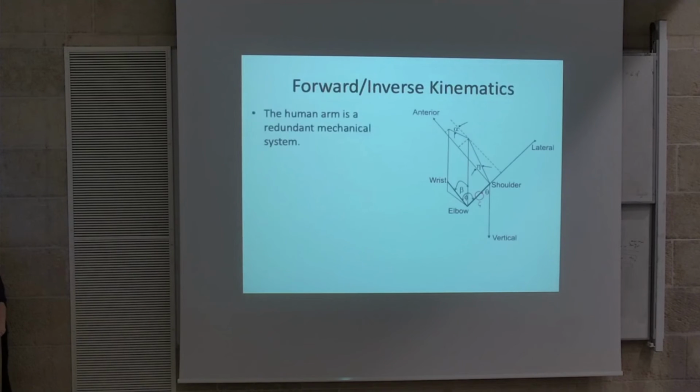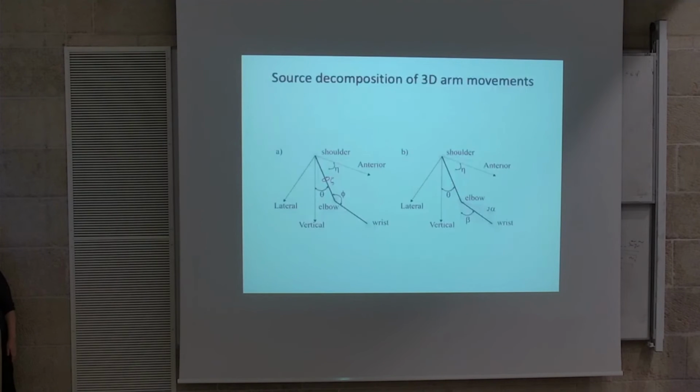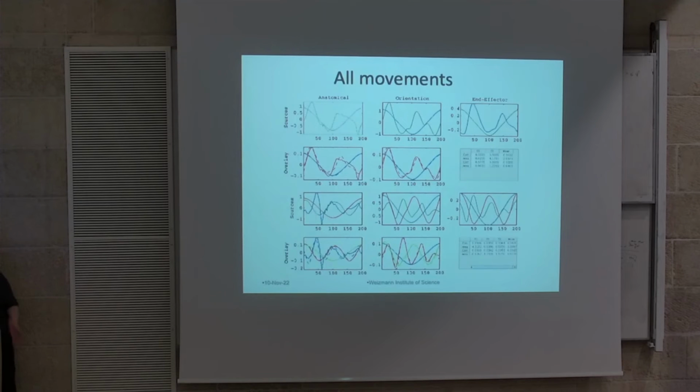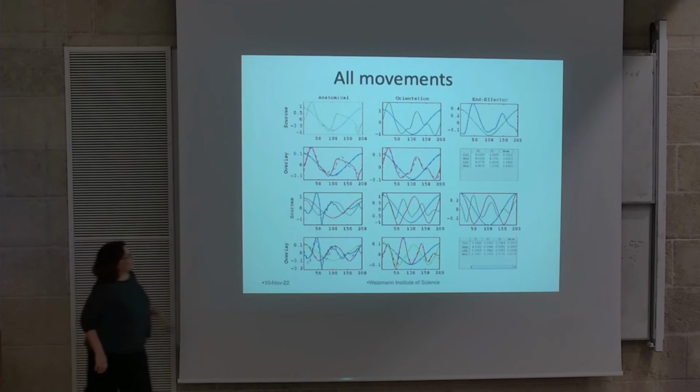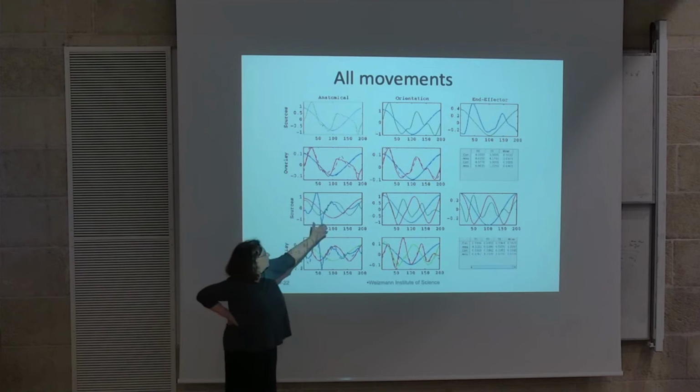The question is, which kind of coordinate system to use? So we use a coordinate system with 2 elevation angles for the shoulder and the elbow, and two azimuth angles.